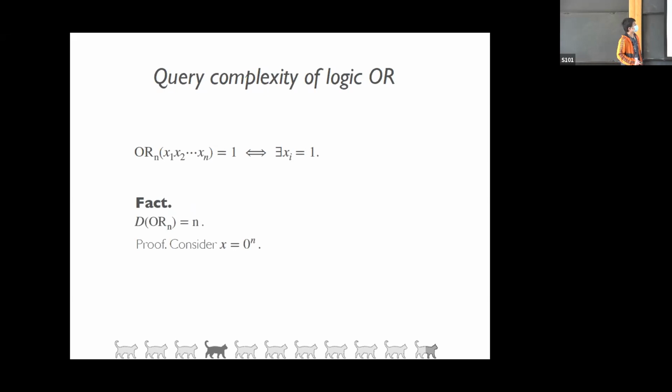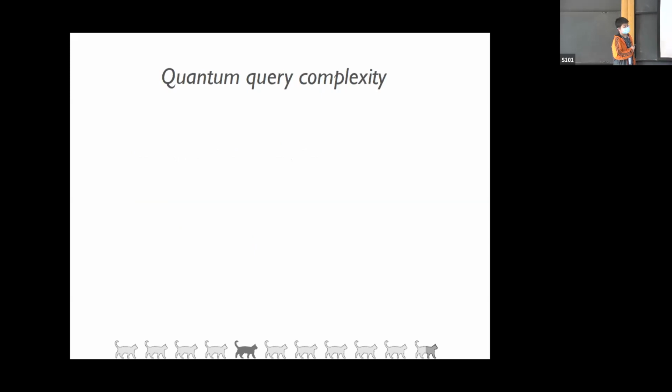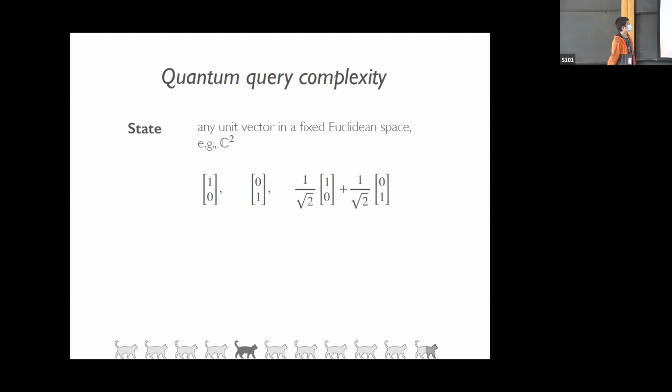Now let's move on to the quantum query complexity. The feature of quantum mechanics is quantum parallelism. A cat can be both alive and dead at the same time, and a bit can be 0 and 1 at the same time. We use a unit vector in Euclidean space to describe a quantum state. In particular, to describe one quantum bit, we can use unit vectors.